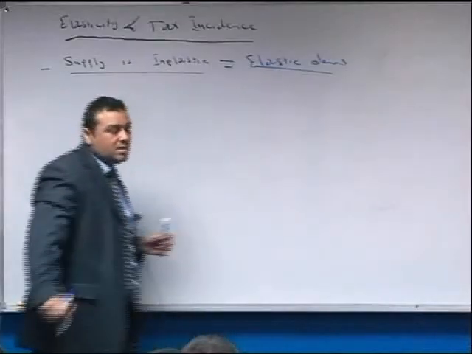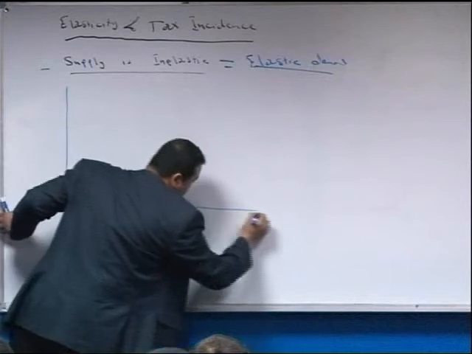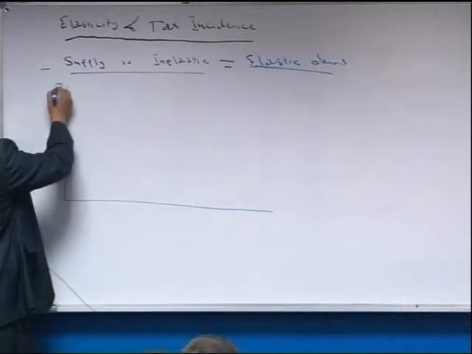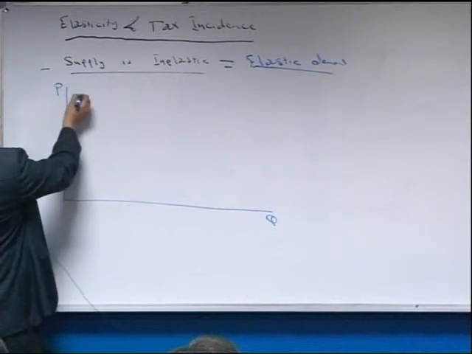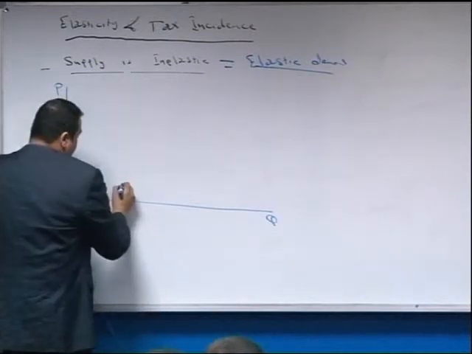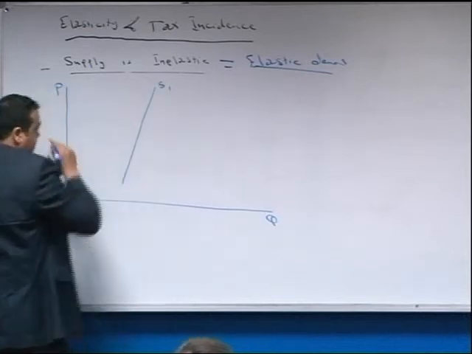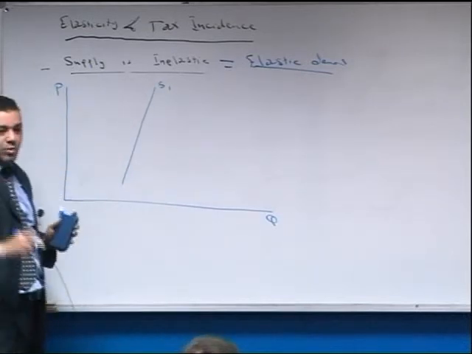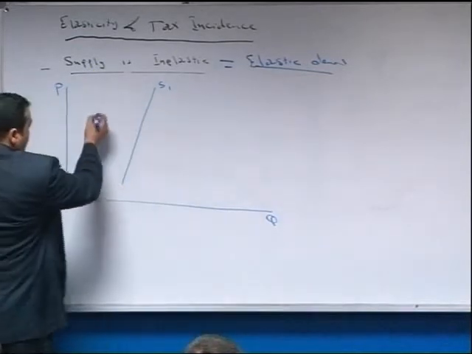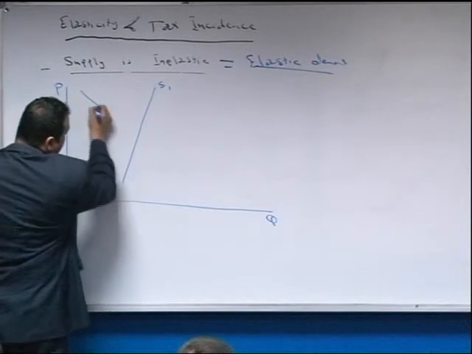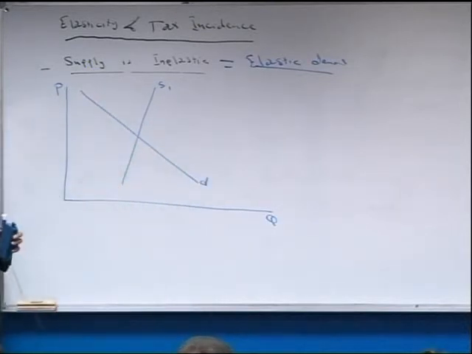So let's draw the diagram. The price, quantity, and inelastic supply. Inelastic supply is close to a vertical line, S1. And we are going to deal with the demand curve as a unitary demand curve. Right?